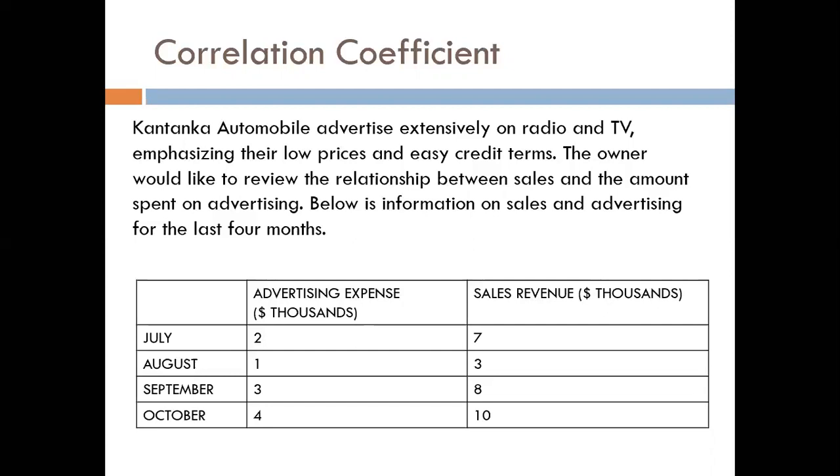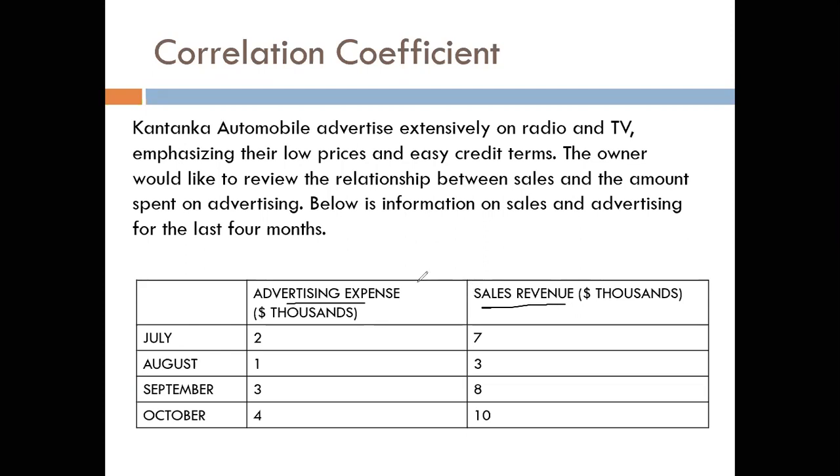Below is the information on sales and advertisement for 4 months. We have data from July to October, the amount spent on advertisement, and the sales, the revenue which is made.